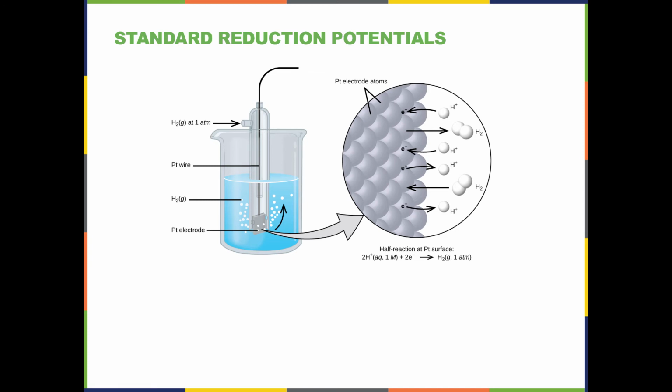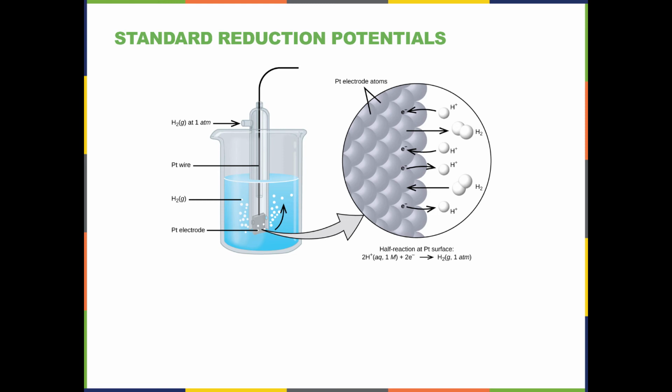Now, in order to do these calculations, they had to set up a standard. And in order to do a standard reduction potential, they had to start out with what's known as a standard electrode. And basically, by convention, they decided to use what's shown here as the standard electrode, which is the conversion of hydrogen ions to hydrogen gas.